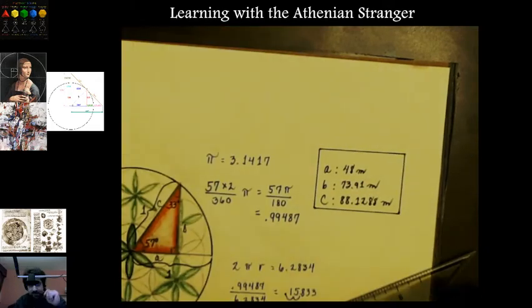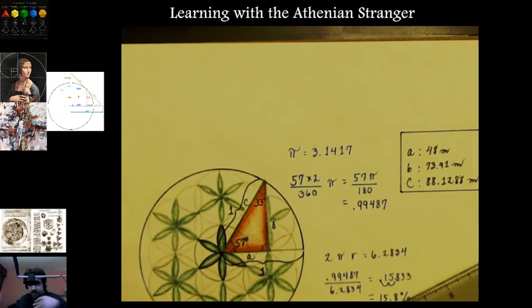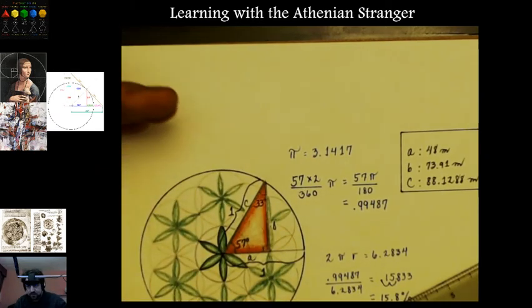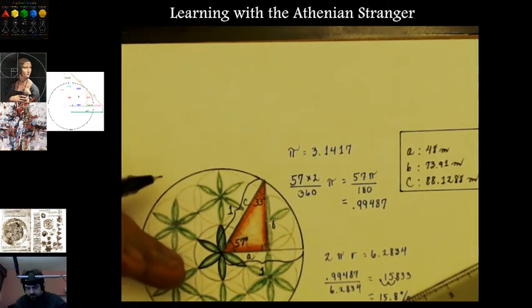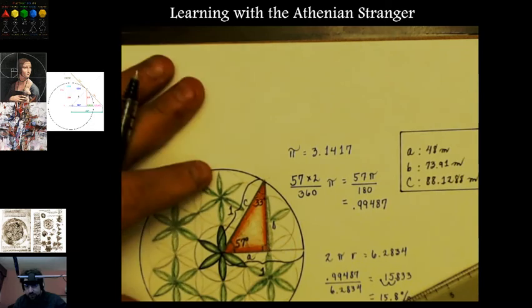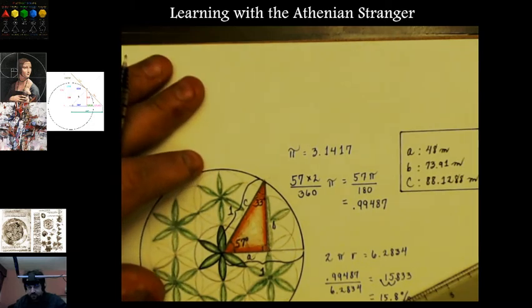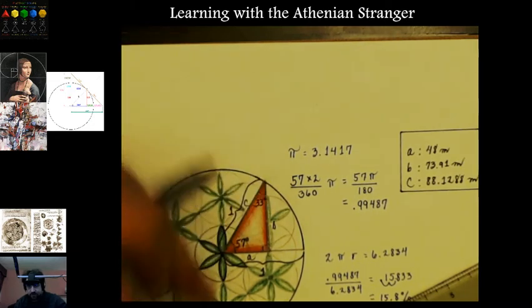Notice at no time today did I use the word tangent. I mean, I did probably use the word, but we didn't use tangent. It turns out you don't need to use tangent to compute this. Now we can find tangent because tangent is just the sine over the cosine.